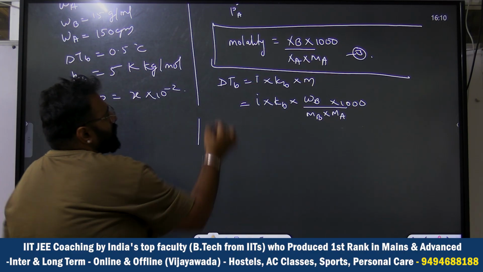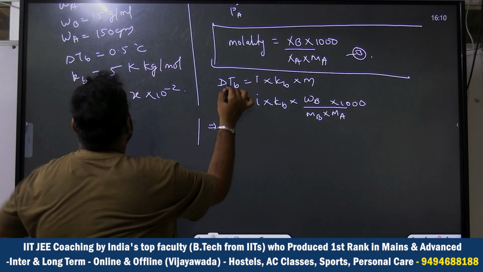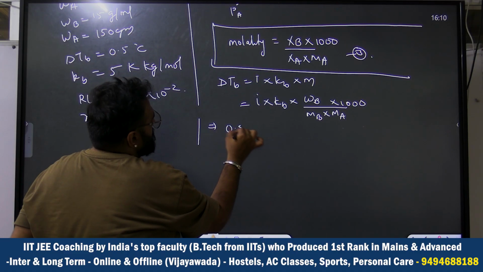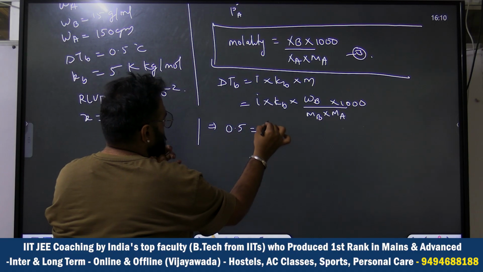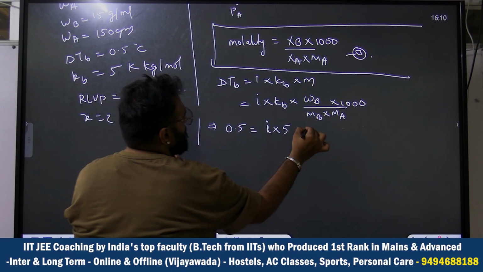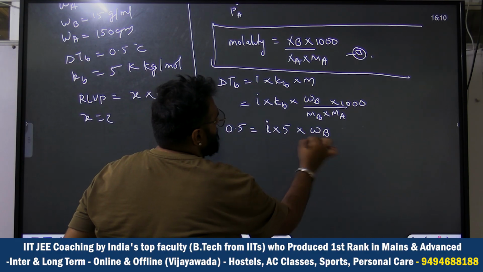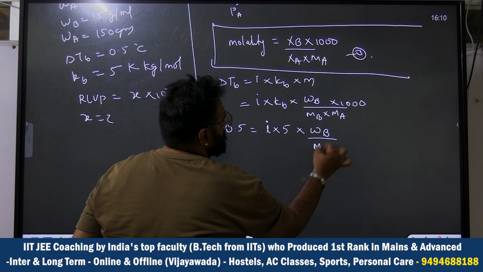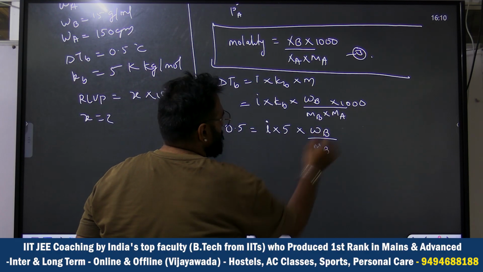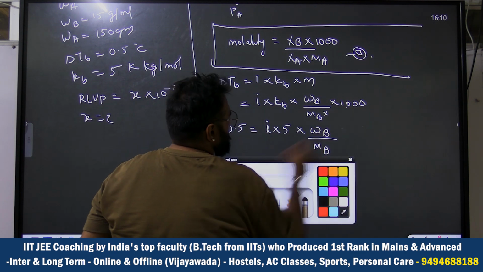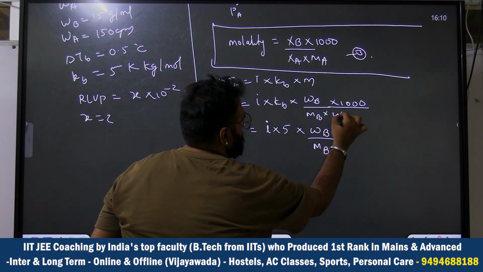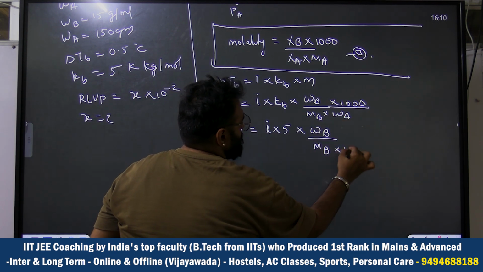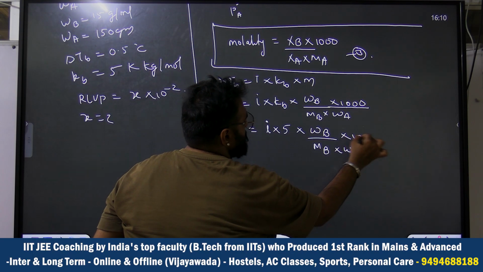Correct? So what is delta TB? 0.5 is equal to I into 5 into weight of B divided by molar mass of B into weight of A, into 1000.